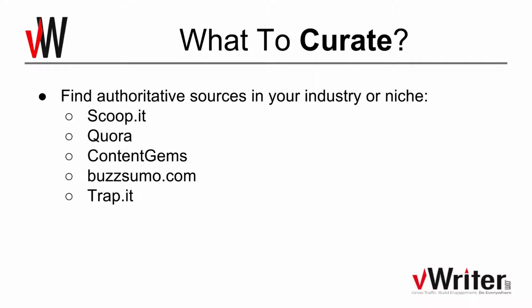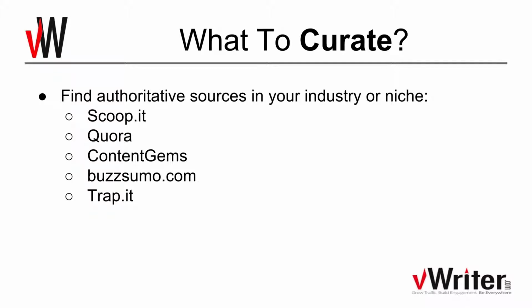Now, a big question is what to curate. You might not have a clue about where to go or what to look for in terms of other content relating to your business, your niche or industry. There are lots of websites and tools available that can help you find content related to what you do, and these are just a few of them which you might want to note down, or you can refer back to the video later, of course, for reference.